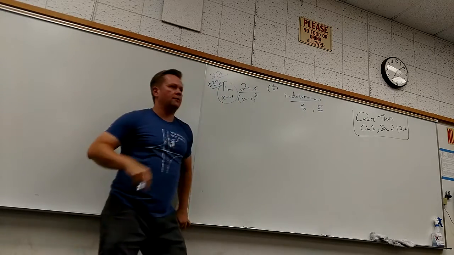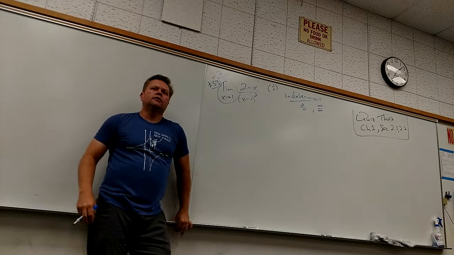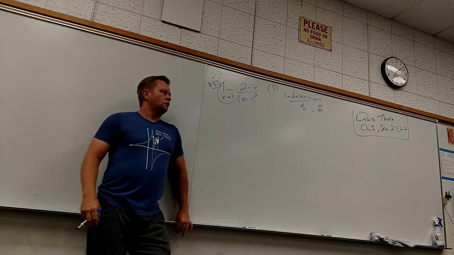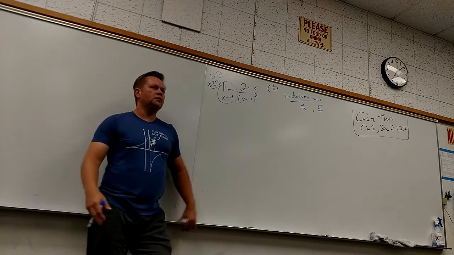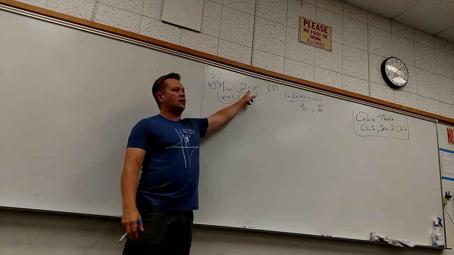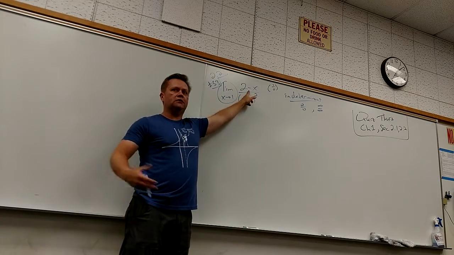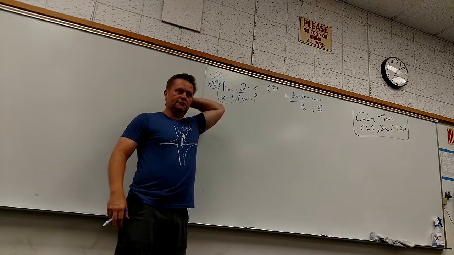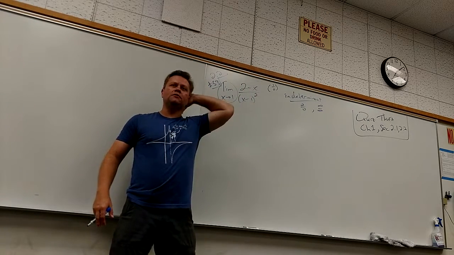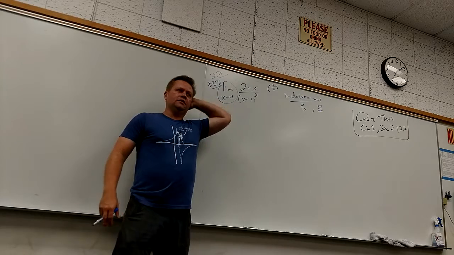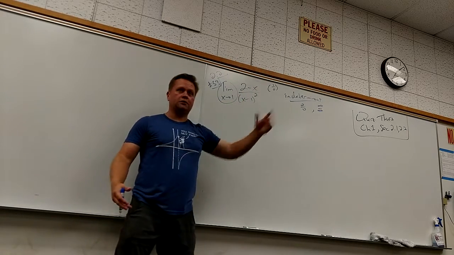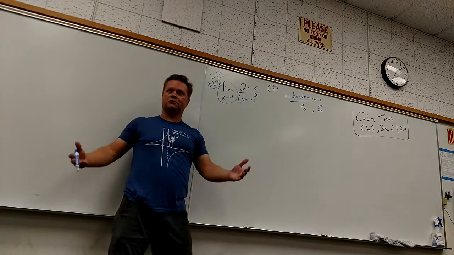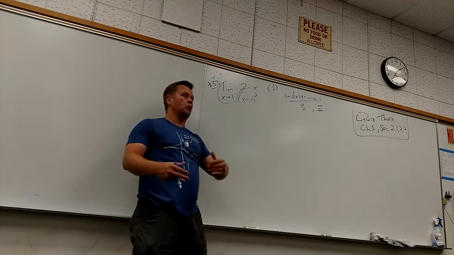I'm curious about what happens when x is really close to 1. So when x is really close to 1, what's the top always? Positive or negative? When x is really close to 1. Positive. Don't say, well, at 3 it's negative. Well, 3 is not really close to 1. Right. When I say really close to 1, I mean 1.001, 1.00000.